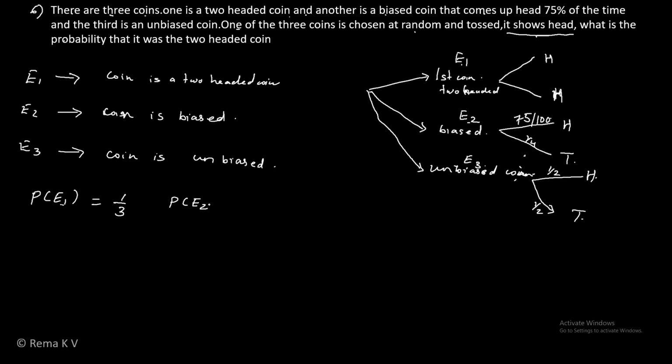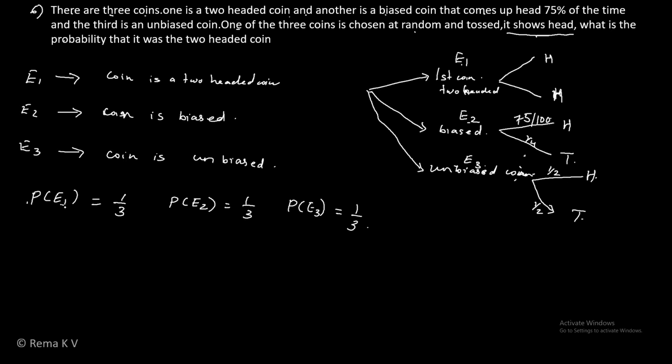What is probability of E2? Probability of E2 and probability of E3, each of these having probability 1 by 3.